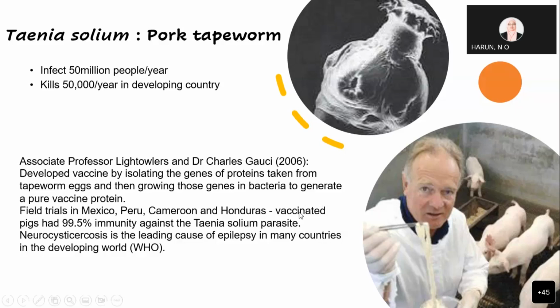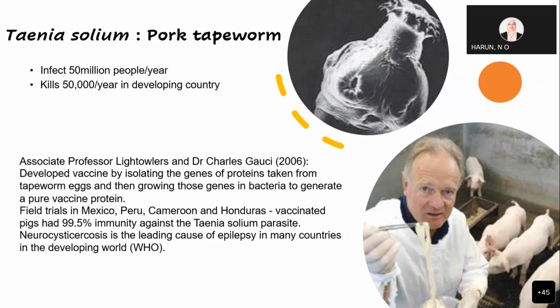But even though the pigs have already been vaccinated, with 99.5% immunity against the Taenia solium parasites, cysticercosis is still the leading cause of epilepsy in many countries, especially the developing world.